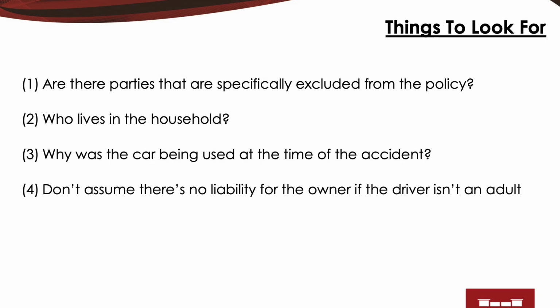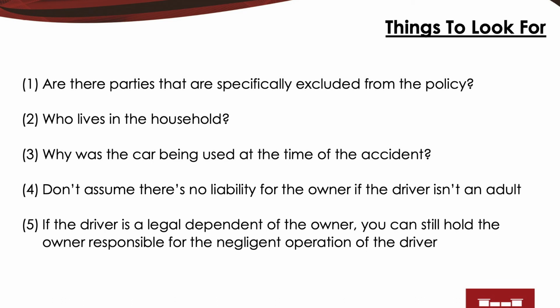And don't assume that just because the driver is an adult, that there isn't some sort of liability for the owner, because again, if the driver is a legal dependent of the owner, you'll still be able to hold the owner responsible for the negligent operation of the driver.